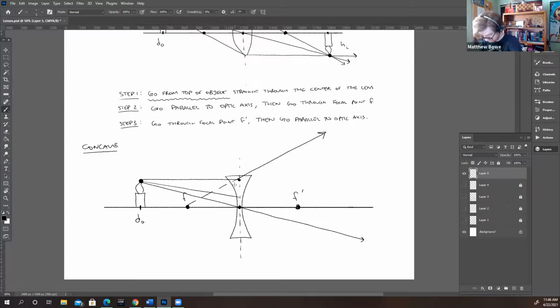So let's go parallel to the optic axis and continue that this way. So where does this light ray make that image? We see I have this solid line over on the right. It's creating this arrow that way. I then continue that backwards. So let me take that same line and make a dotted line that goes backwards.